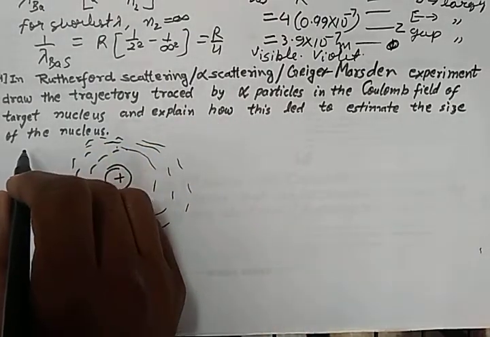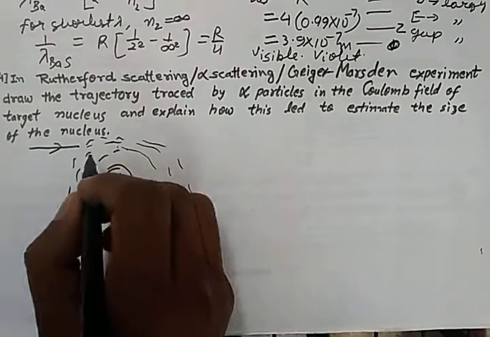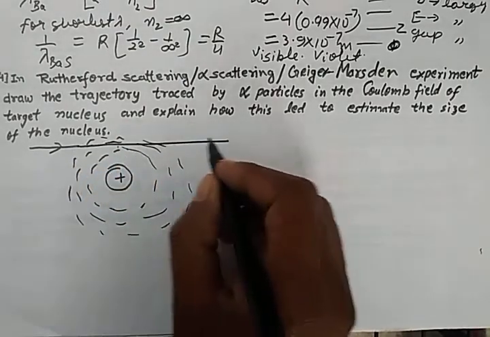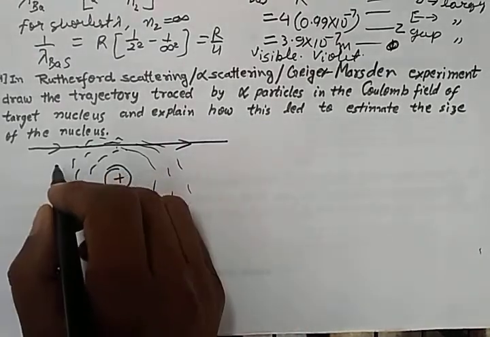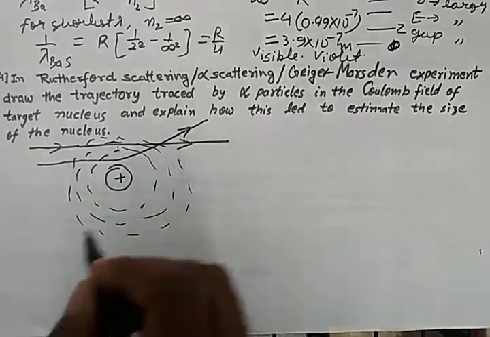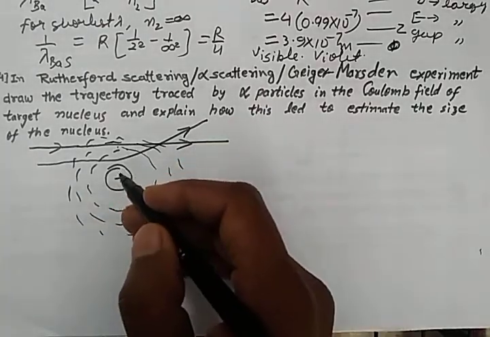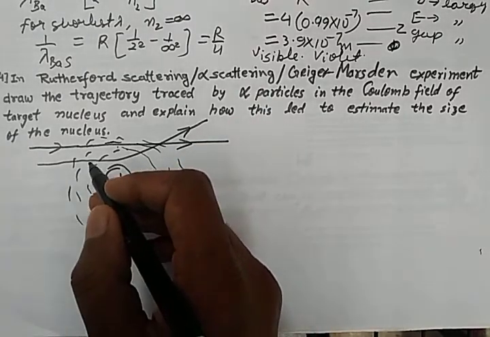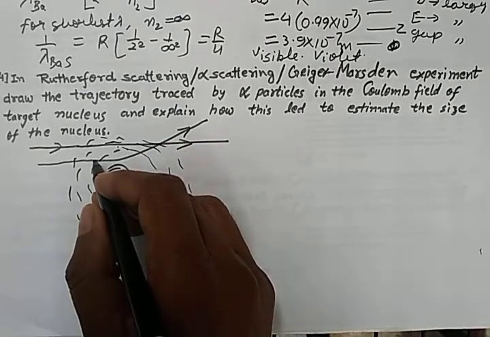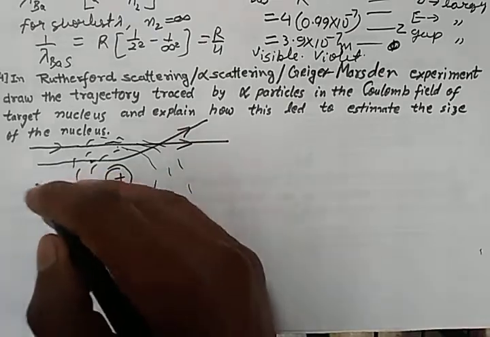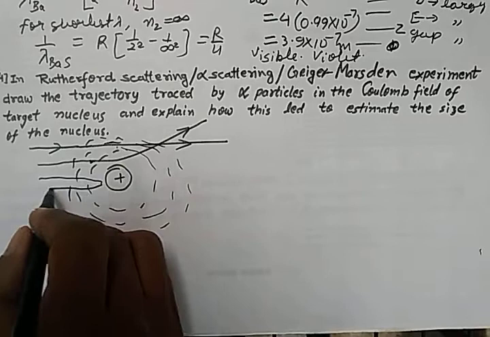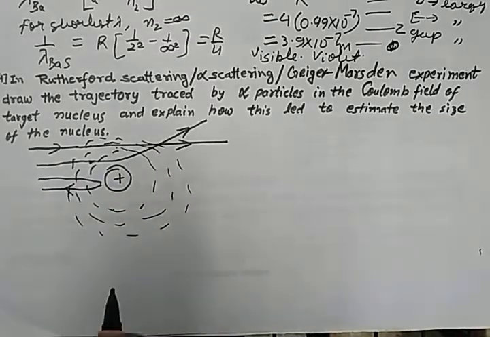So if it was going far from the nucleus, it has traveled without deviation. If it was a little bit closer, then it was repelled. Actually I had to show repulsion from somewhere here. Anyway, you can show bending from early on, and very few repelled back.